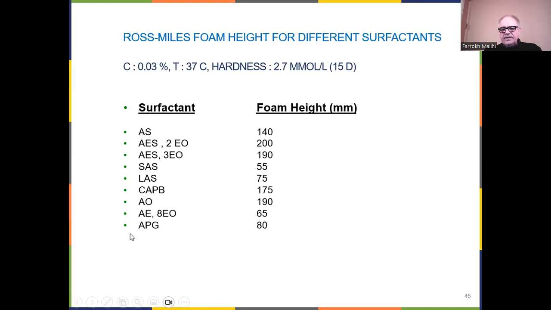On the other hand, the non-ionic surfactants have fairly low foam volumes, alcohol ethoxylates here, for example. So we can actually measure and determine the foam generation efficiency of each surfactant system.